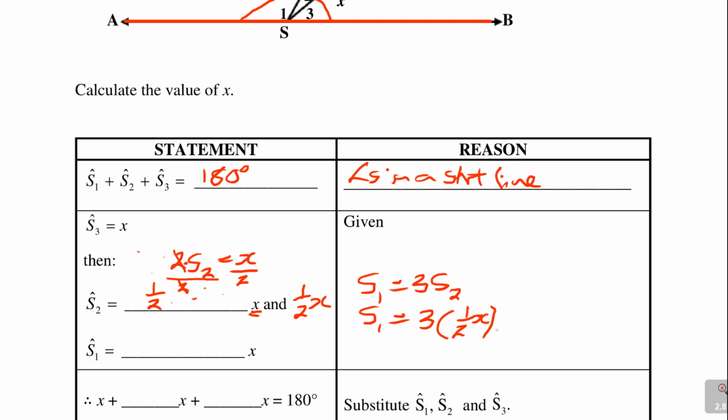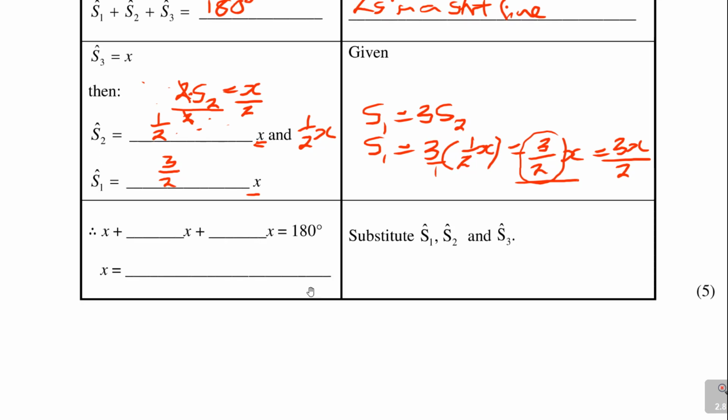When you multiply that, 3 times 1 over 2X, it's 3 over 2X. They were just confusing you there. They just wanted you to give them this number. Remember, 3 over 2X is the same as 3X over 2. You must not get confused in that part.